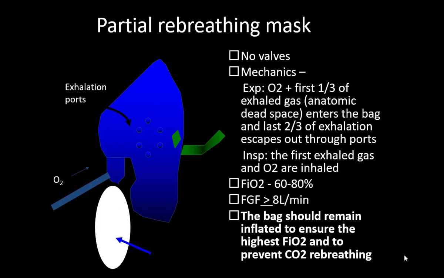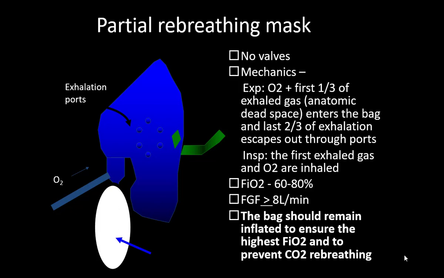This is the mask, this is the reservoir bag, and this is the oxygen tubing. There is no valve. So the mechanism is during expiration, oxygen and the first third of exhaled gas enter into the bag, and the last 2/3 of exhaled gas escapes out of the exhalation ports. And during inspiration, this mixture of gases along with the oxygen is inhaled.